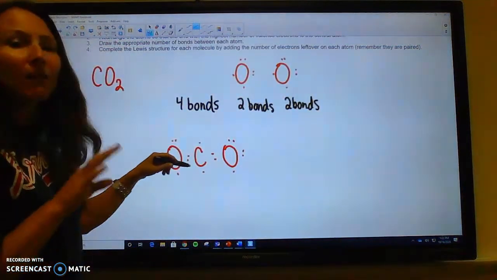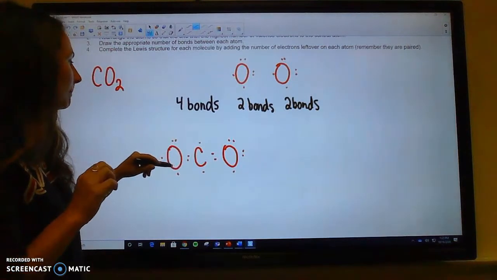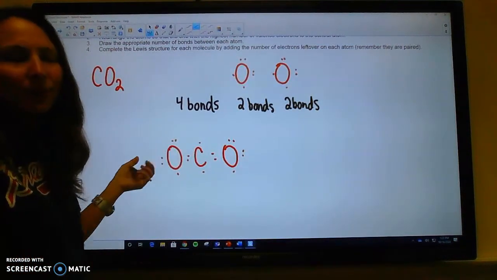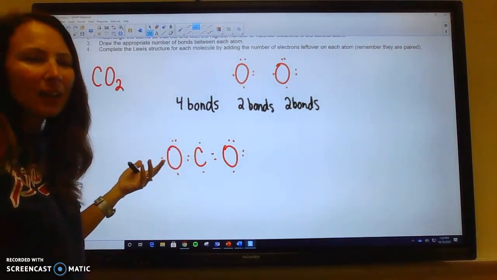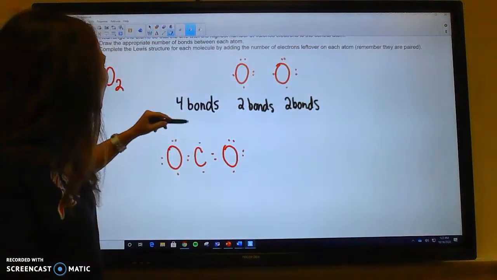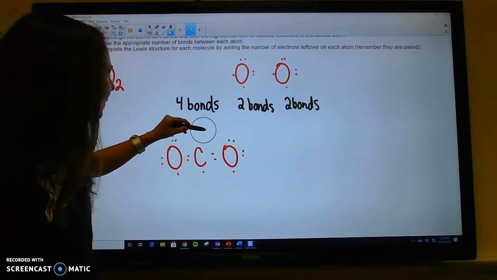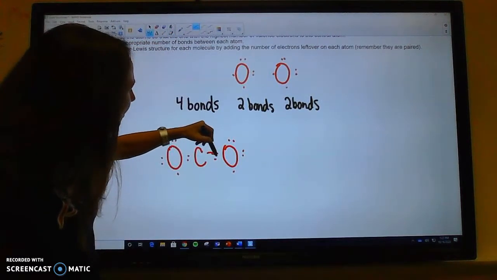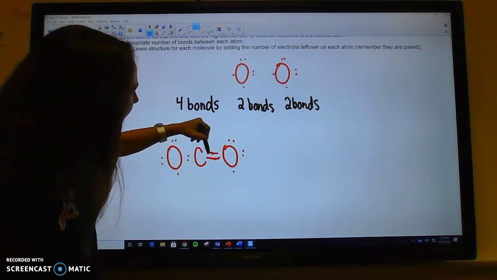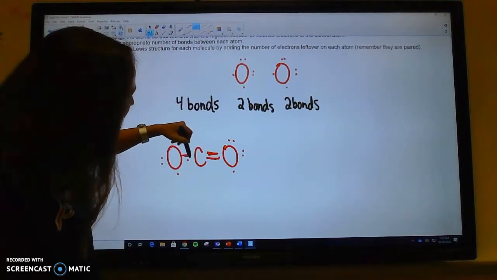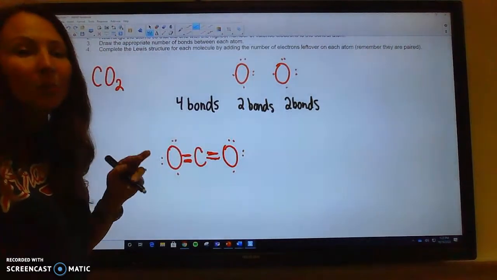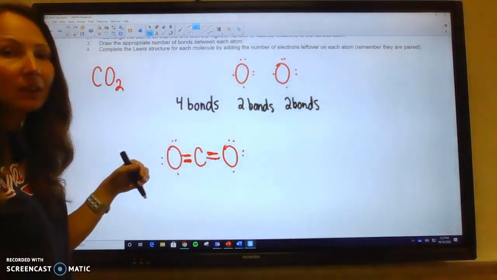So carbon makes 4 bonds, and we can only bond to 2 different things. If we split that up evenly, then carbon is going to form 2 bonds to each oxygen. It's going to be a double bond, 2 bonds to each oxygen.